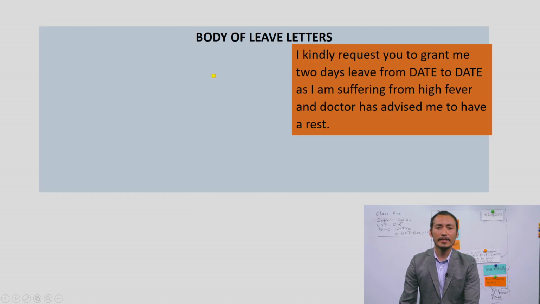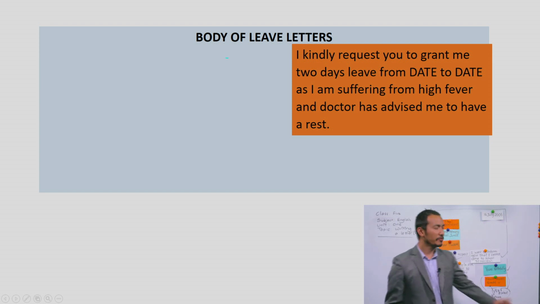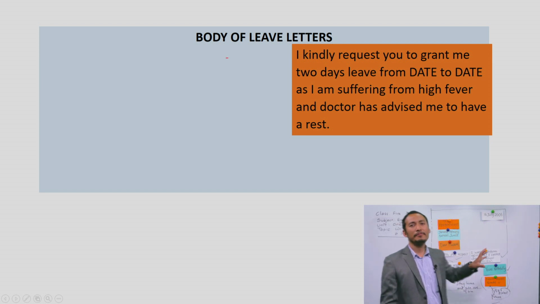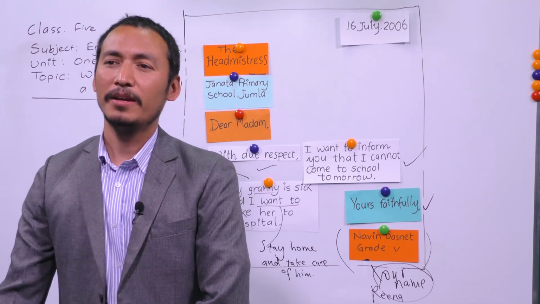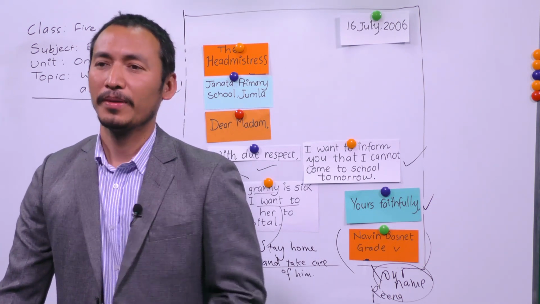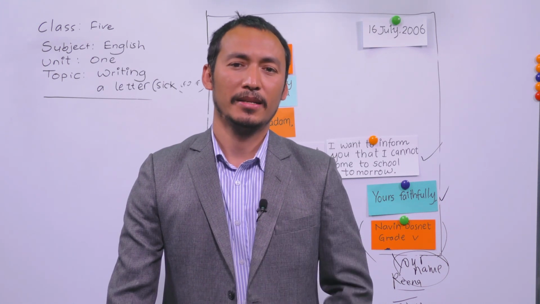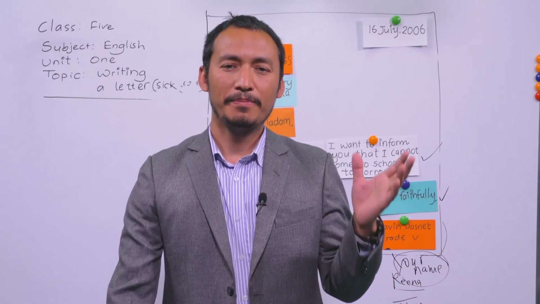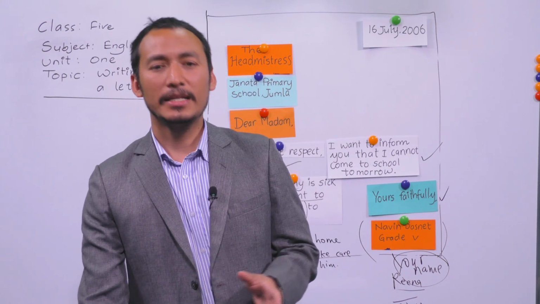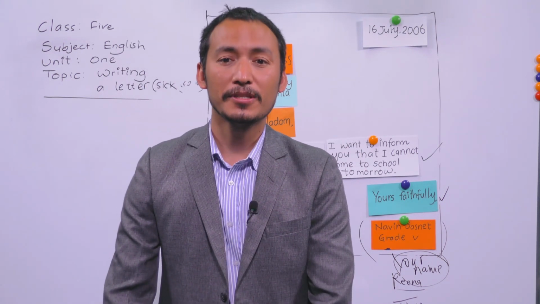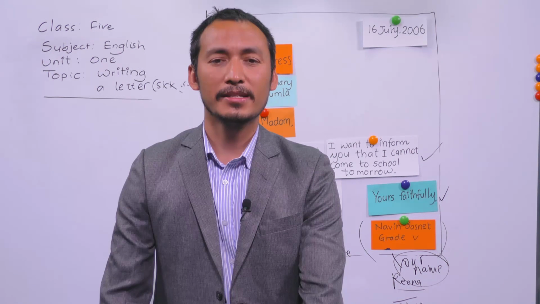All right, students. Then when you have to write body parts, I gave you one way. There are different ways of writing the body parts. This is the main part of the letter, and you can make it more beautiful and more creative by using varieties of sentence starters.